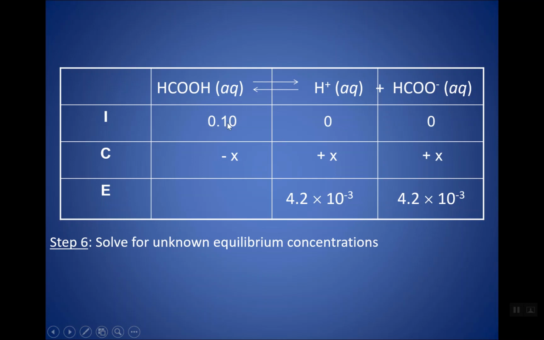Technically I'm doing 0.1 minus this number, but because these are weak acids, very little is going to ionize. If I calculate 0.1 minus 0.0042 and round to about 2 sig figs, I'm still going to get 0.1. You'd get 0.097, which is the same as 0.1.